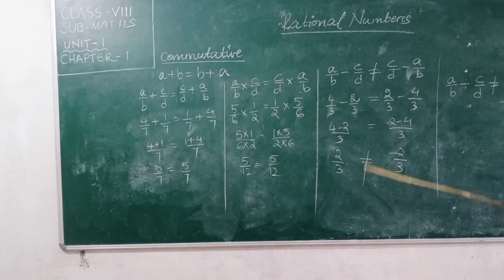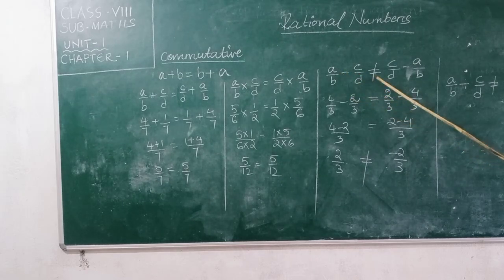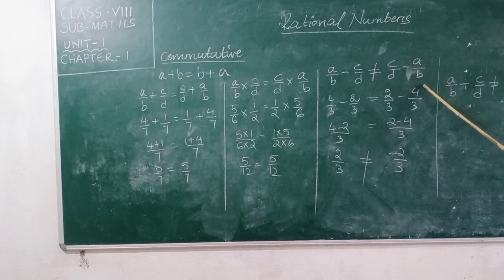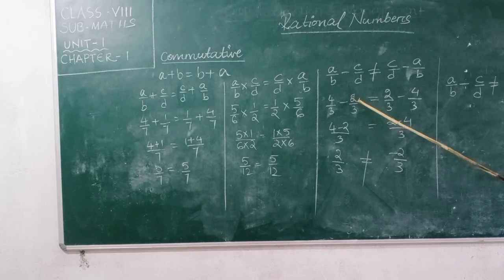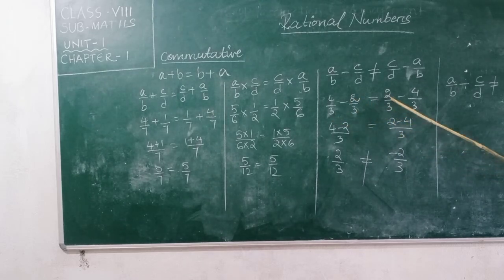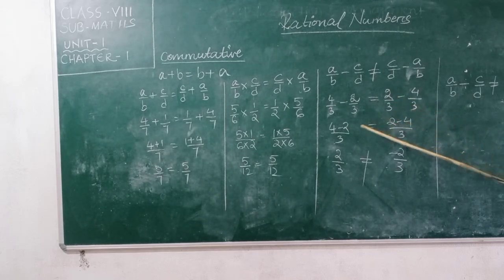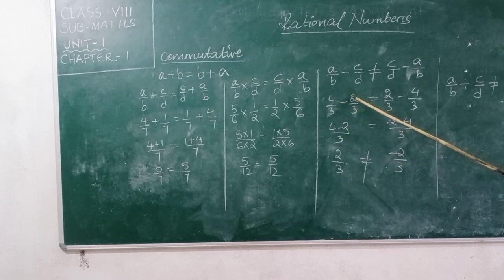Next, subtraction: a by b minus c by d will not be equal to c by d minus a by b. Let us go through an example. Here I took 4 by 3 minus 2 by 3 equal to, the reverse of these two we should write for commutative, so 2 by 3 minus 4 by 3. Here also you observe the denominator is the same, so the numerators you can subtract directly.